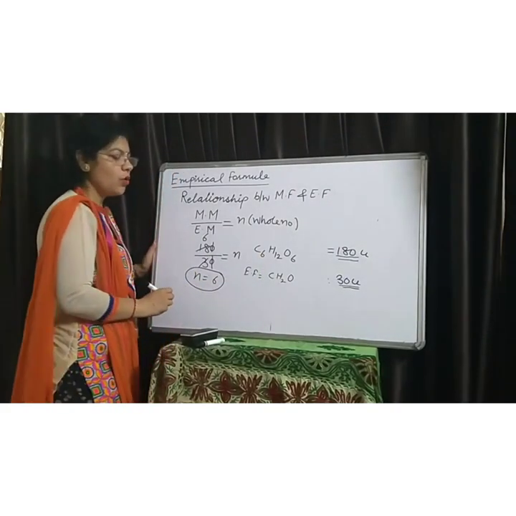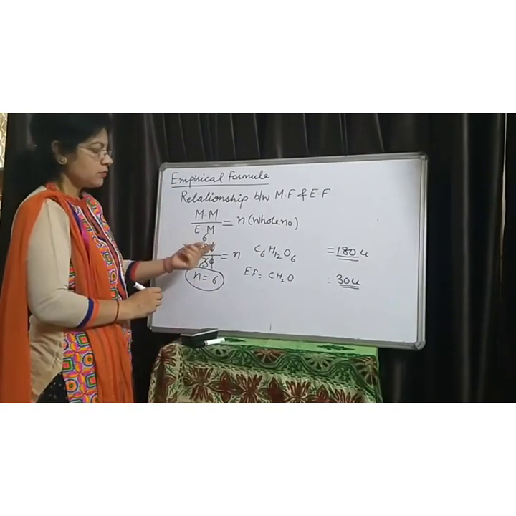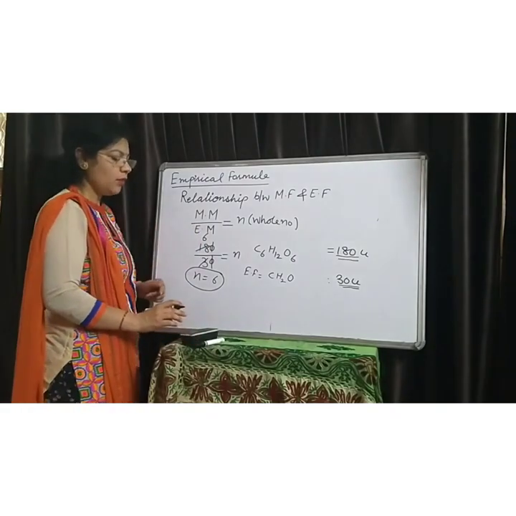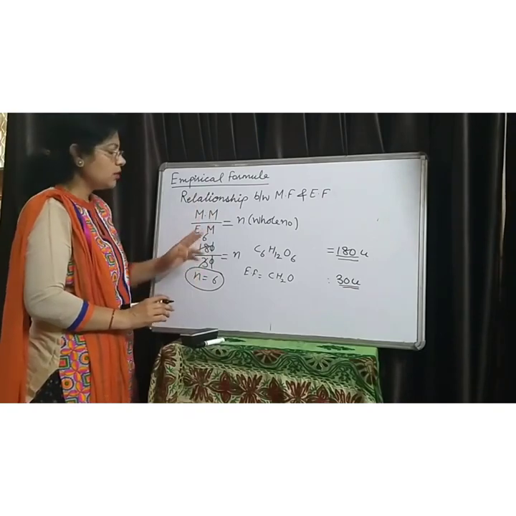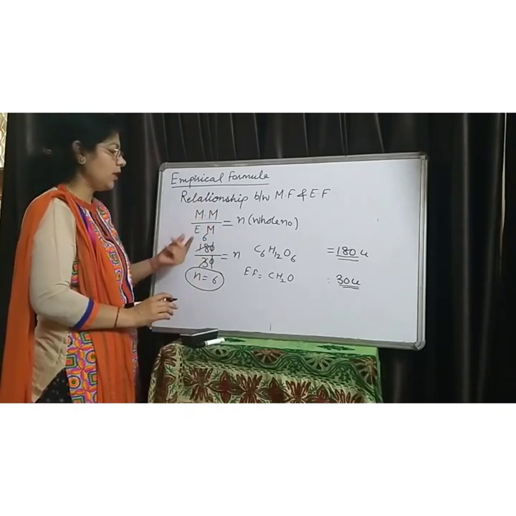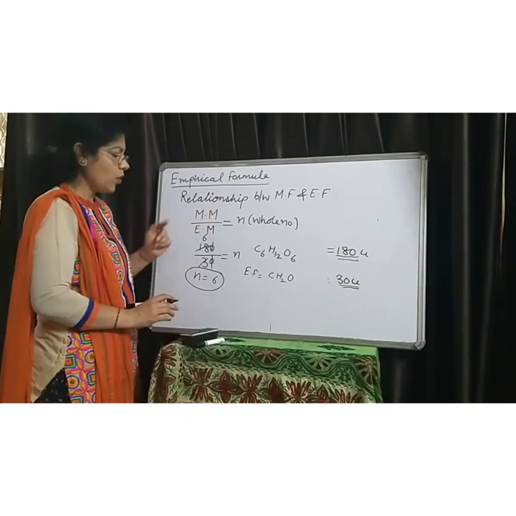If we divide this formula by 6, we get the empirical formula of the compound, that is CH2O. If one formula and the value of n are given to you, you can easily calculate the other formula.